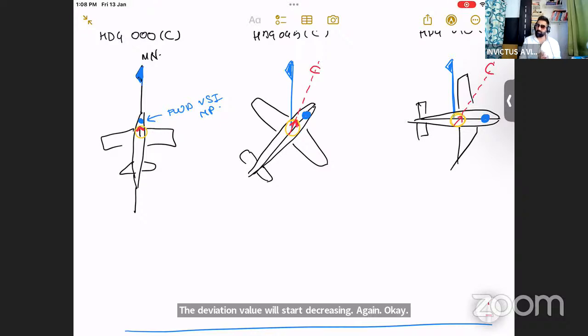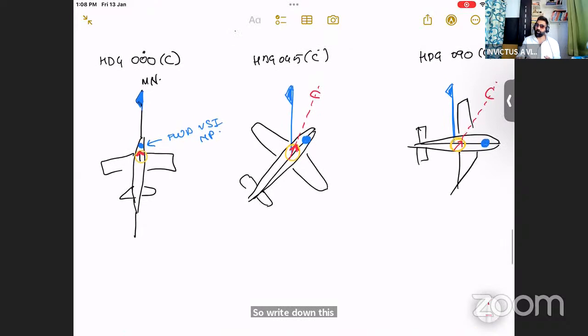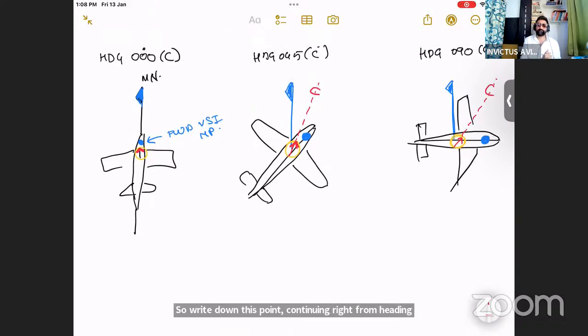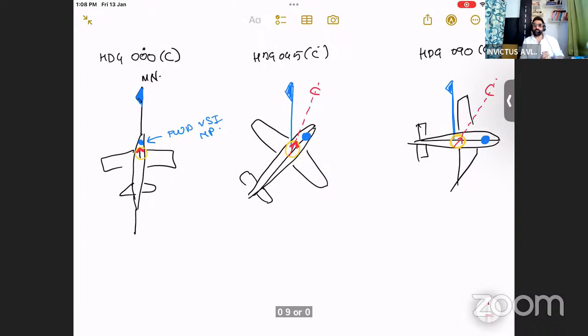So write down this point. Continuing right from heading 090, the deviation value will become less as we approach heading 180.